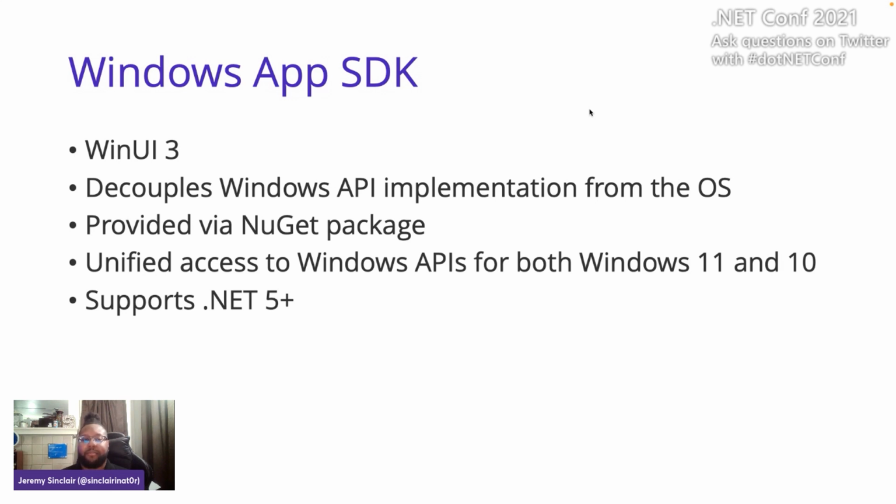Before, WinUI 3 was kind of a separate deal, and it's adding on to the next step from WinUI 2, which was mainly UWP focused. What this does with Windows App SDK is we get a decoupled Windows API implementation from the OS.